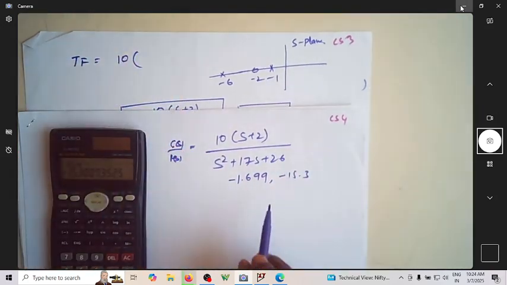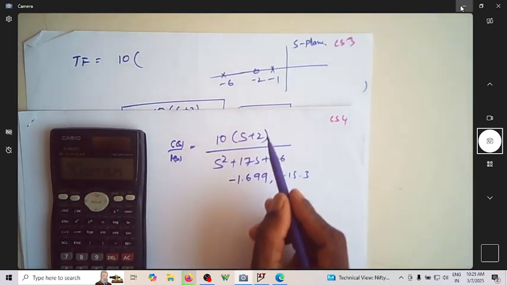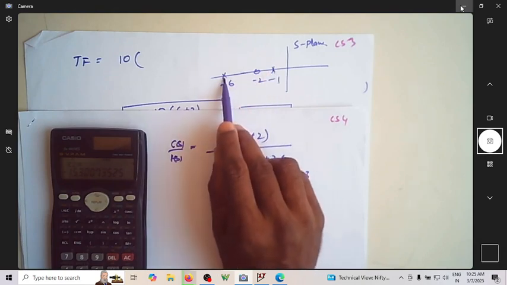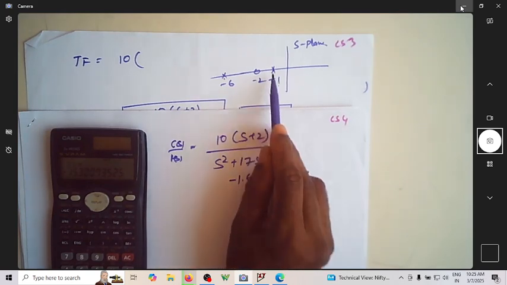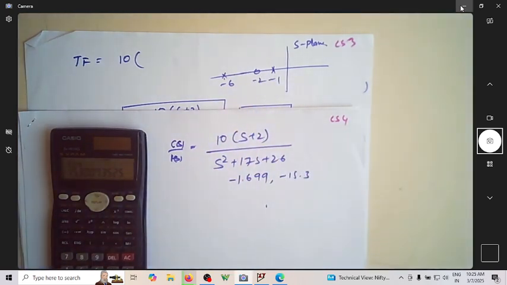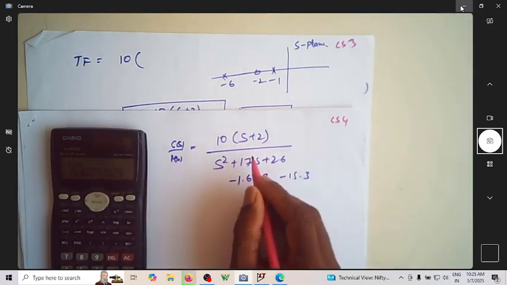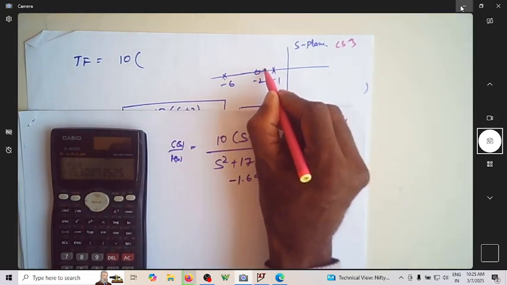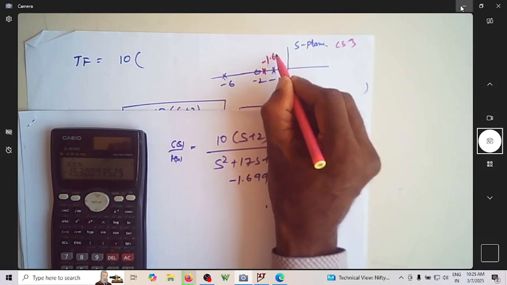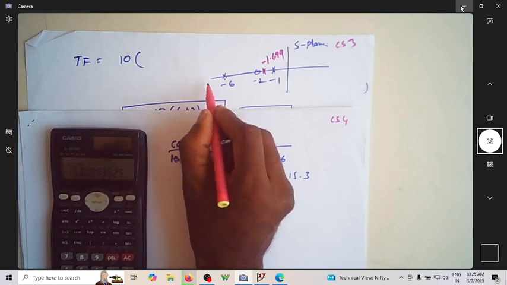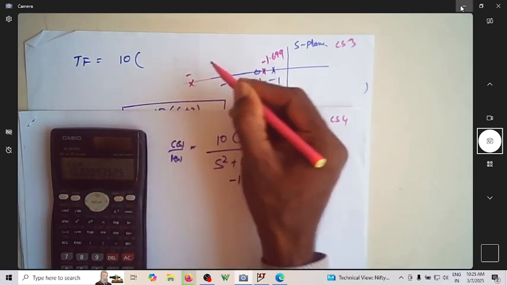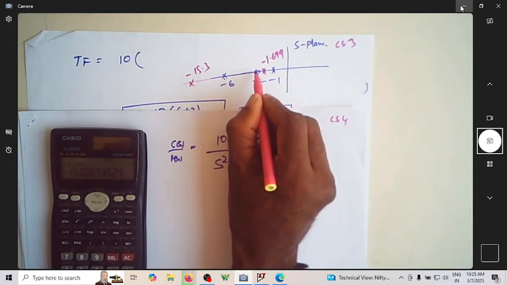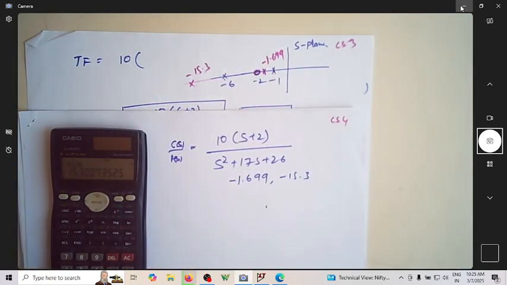Now where were the poles? The poles were there at minus 1 and minus 6. These are the open loop pole positions. Once you close the loop, this pole has gone closer to this. Can you see it is now at minus 1.699? How about this one? This has moved to minus 15.3. What is the blue color indicating?